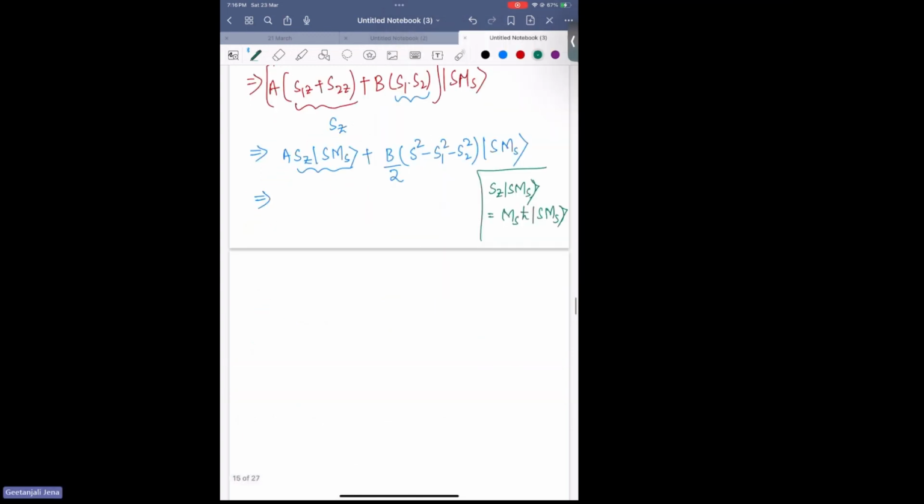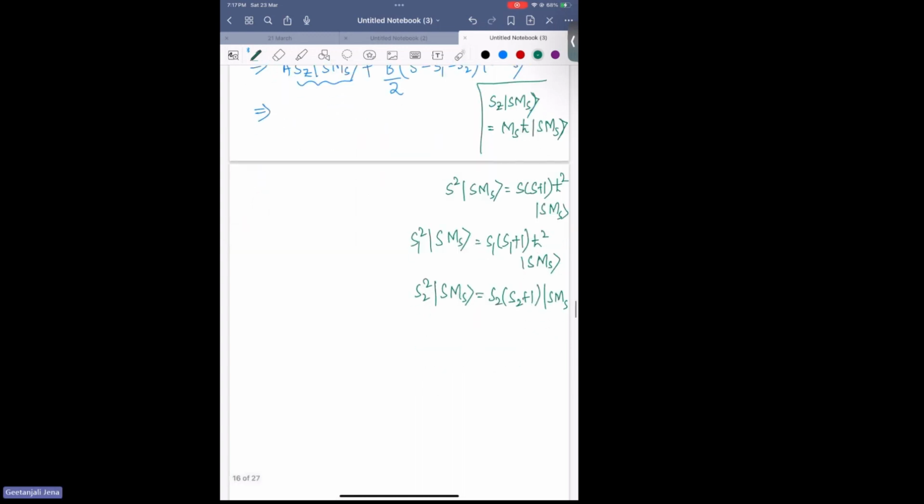Similarly, when S square acts on |S, MS>, it will give S(S plus 1) h-cut square |S, MS>, right? And when S1 square acts on |S, MS>, it will give S1(S1 plus 1) h-cut square |S, MS>. And when S2 square acts on it, it will give S2(S2 plus 1) h-cut square |S, MS>. So these are the eigenvalues.